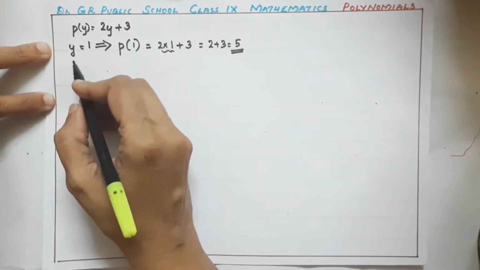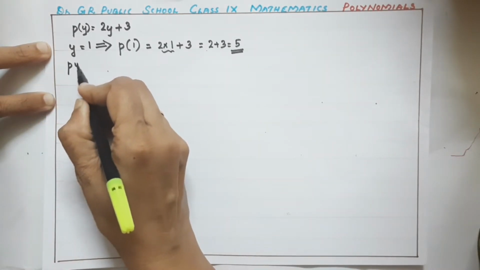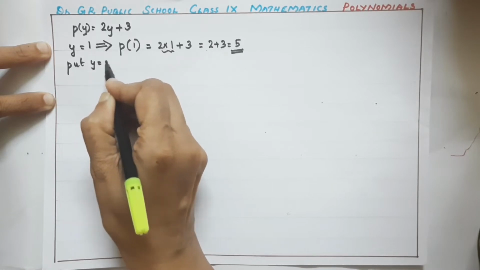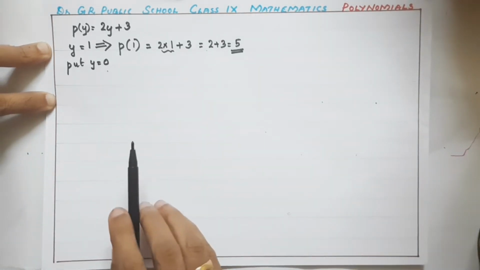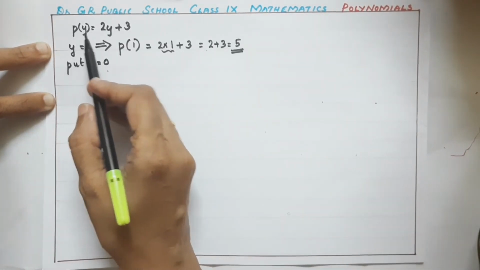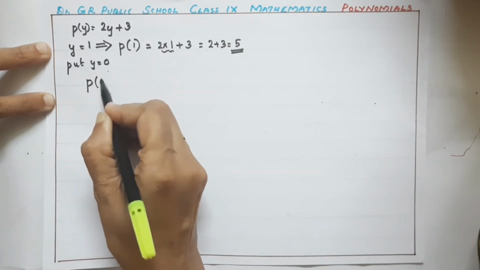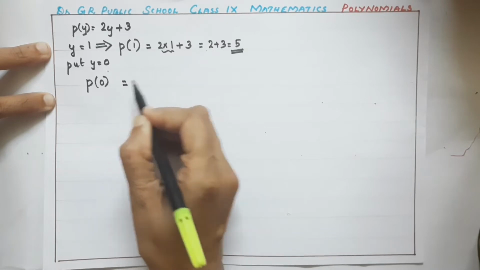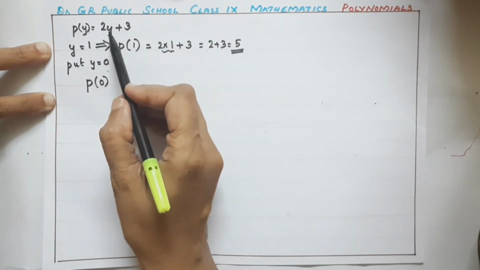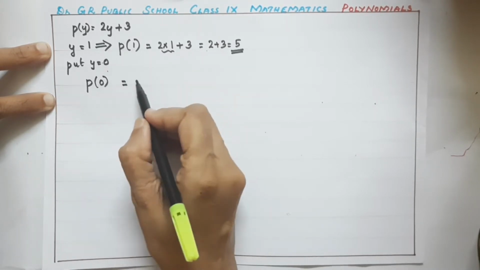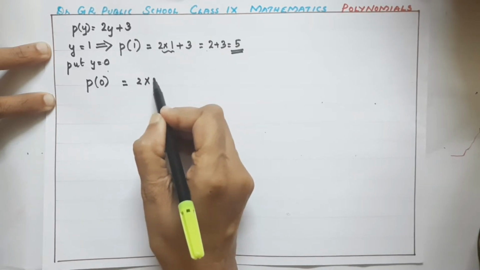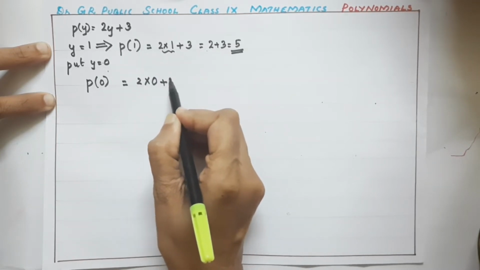Now put y equal to 0. What will happen to this polynomial? P of y can be written as P of 0 equal to. Here we have to put y equal to 0. So 2 multiplied by 0 plus 3.